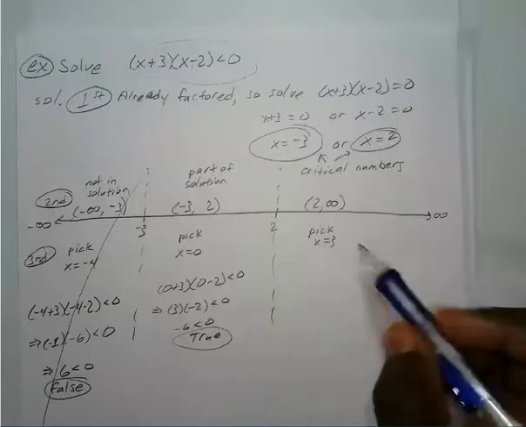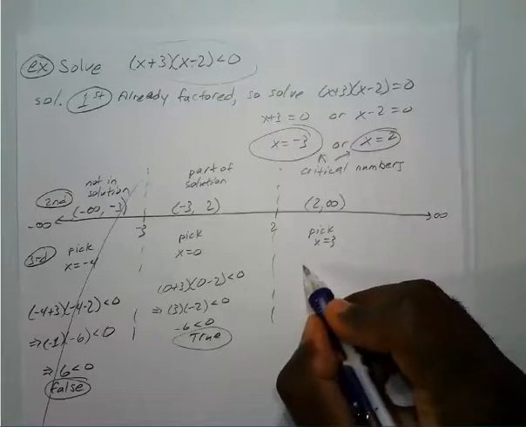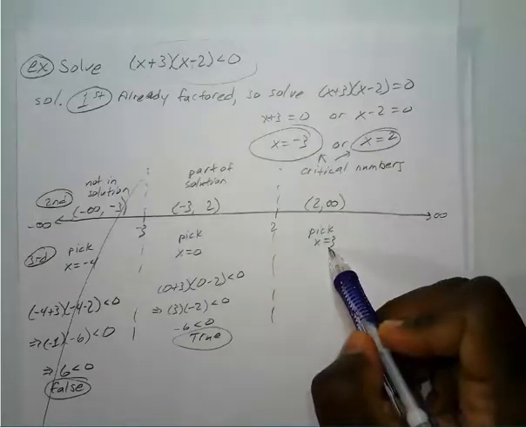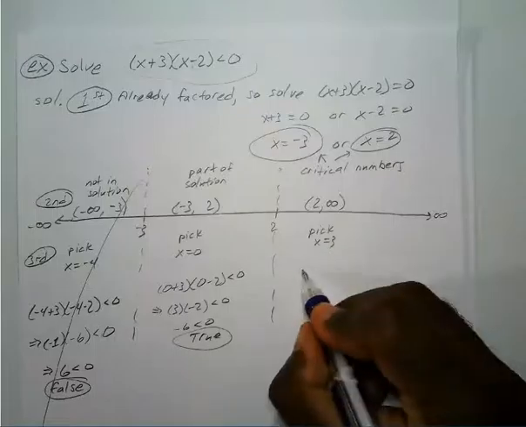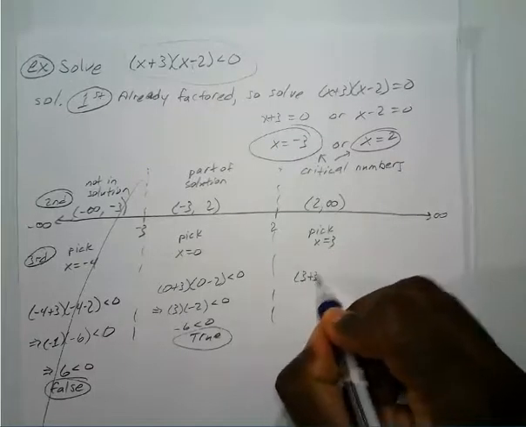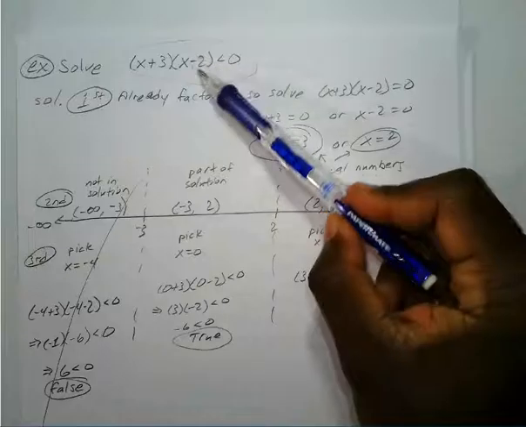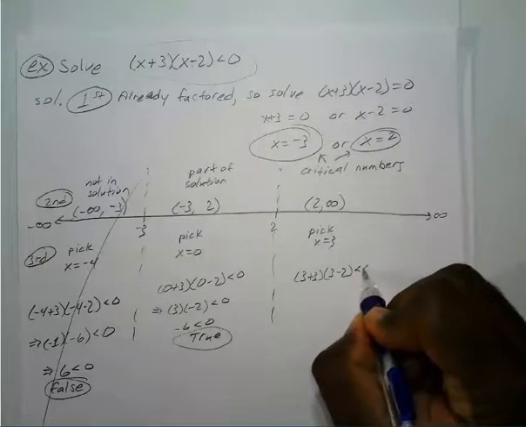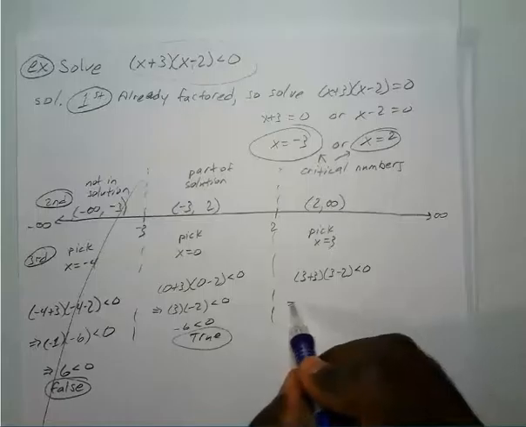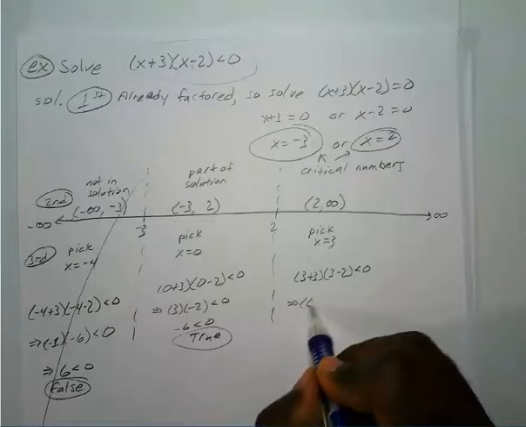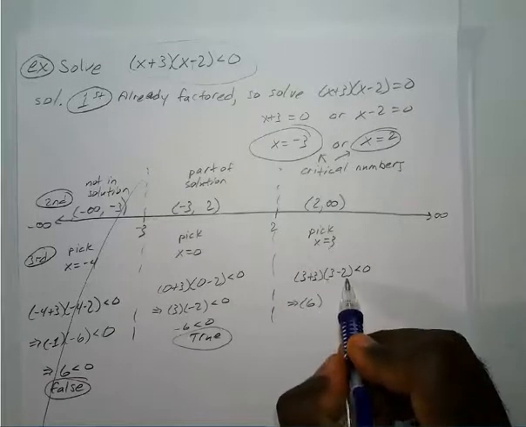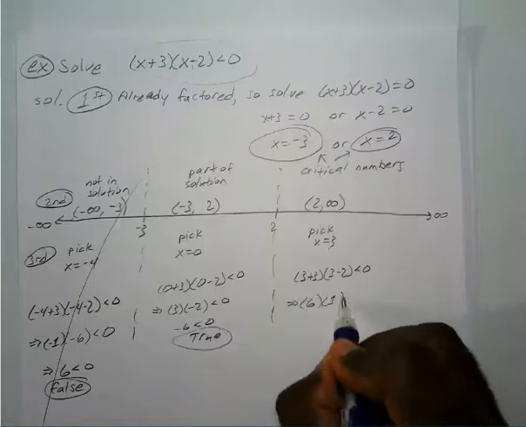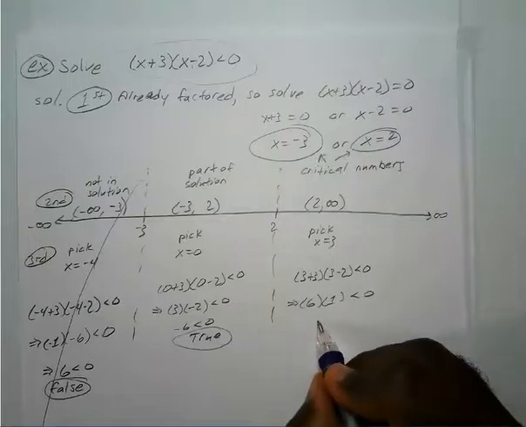Here we have x equals 3. So you have, instead of x plus 3, we have 3 plus 3. And instead of x minus 2, we have 3 minus 2 is less than 0. So 3 plus 3 is 6, so we have 6. 3 minus 2 is 1, so 6 times 1 is less than 0.